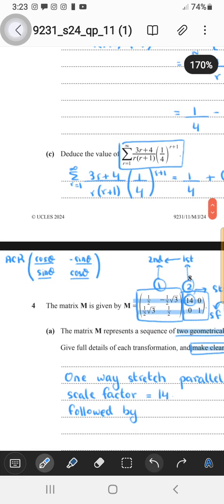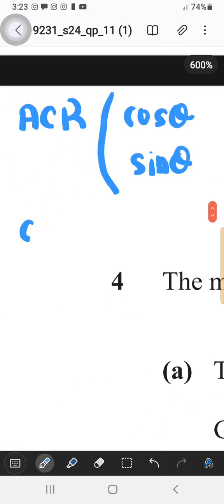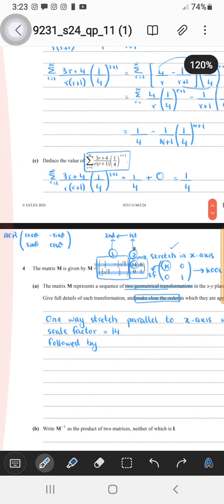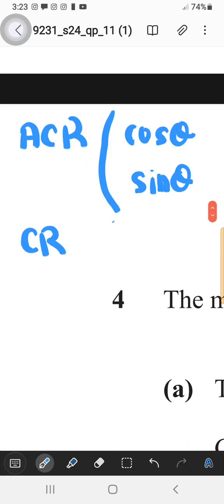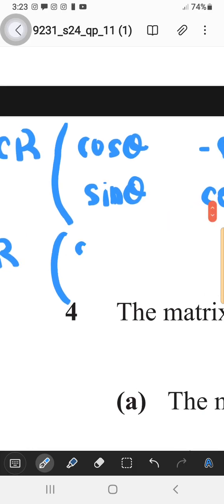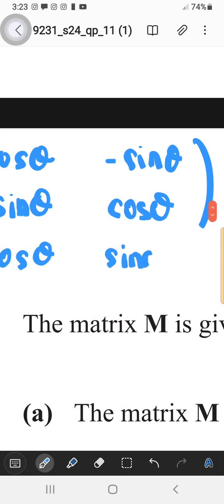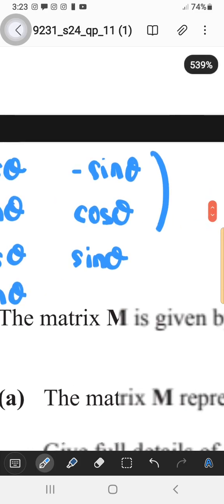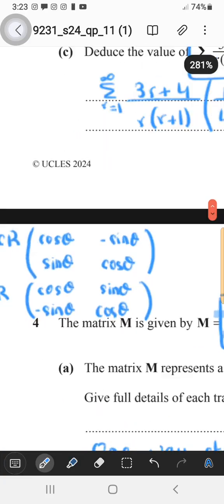While if I talk about clockwise rotation, the clockwise rotation is like this: cos theta, sine theta, and here is negative sine theta, and here is cos theta, and this bracket gets closed.